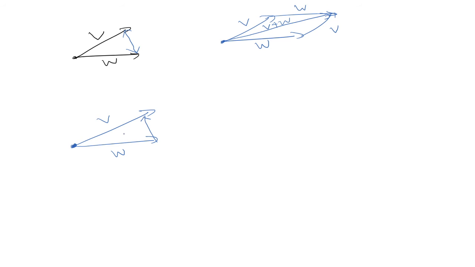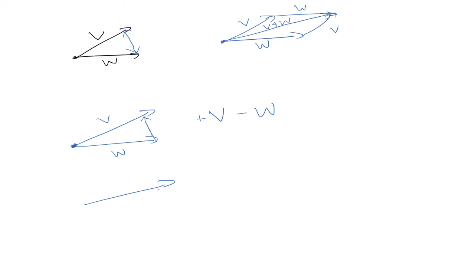But you have to be careful about what you subtract. I have v and w. Notice that this vector goes towards v. You see how it's going up? V is going up. So is this vector here. So v should be positive, and then w is going to be negative.